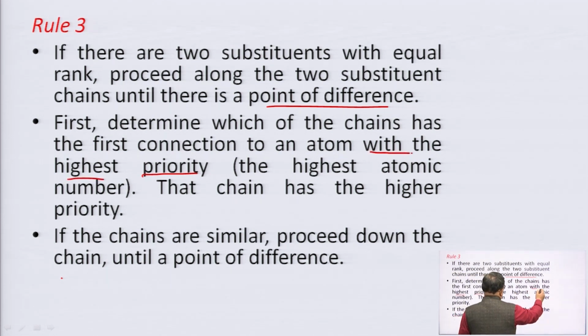How to designate it? It must have the highest atomic number. So, we have to identify the point of difference, and if the chains are similar, proceed down the chain until the point of difference. It will be clear with some examples.